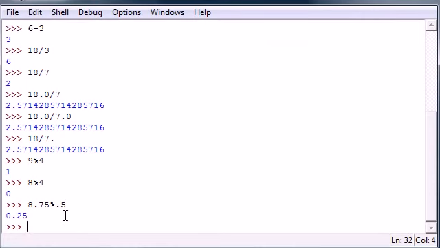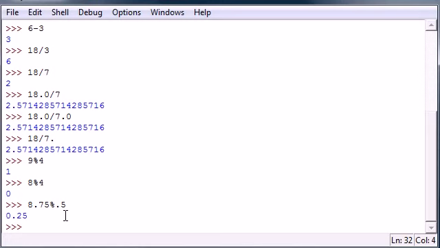You have 0.25 left over. So that's how you use the modulus, and again, the modulus is just the remainder of whatever is left when it divides by the denominator.